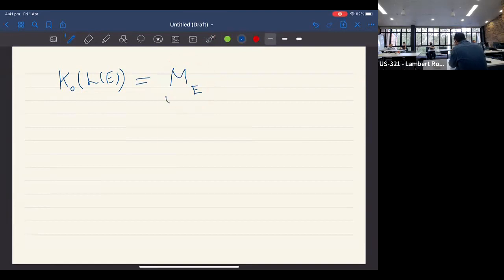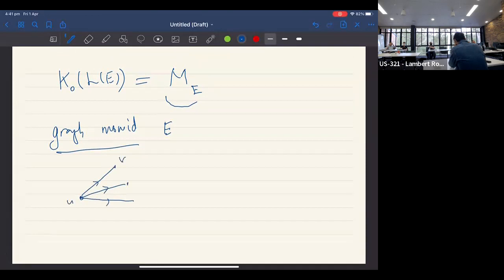So how do I define a monoid, the graph monoid, assigned to E? I give you again just an example. So imagine this is your graph. Now I look at the free abelian monoid generated by just the vertices.